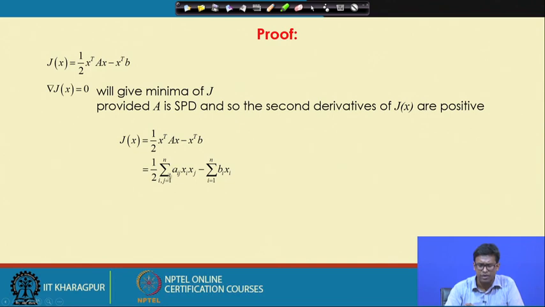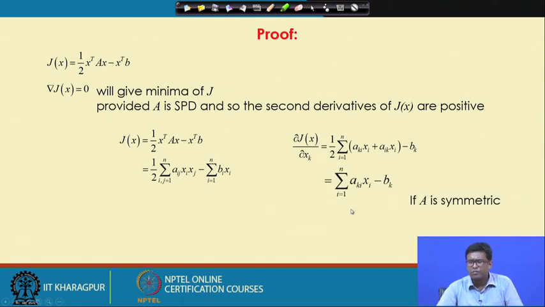So, this is half of the sum over i is equal to 1 to n, j is equal to 1 to n, of A_ij x_i x_j, minus the sum over i is equal to 1 to n of b_i x_i. And if I take its derivative with respect to the kth component of x, we get half of the sum over i is equal to 1 to n of A_ki x_i plus A_ik x_i, minus b_k.